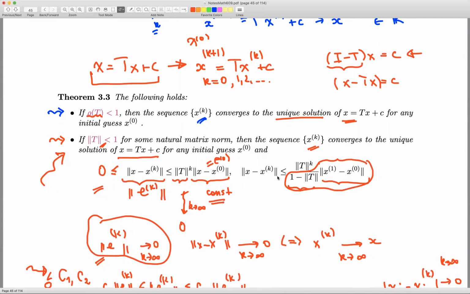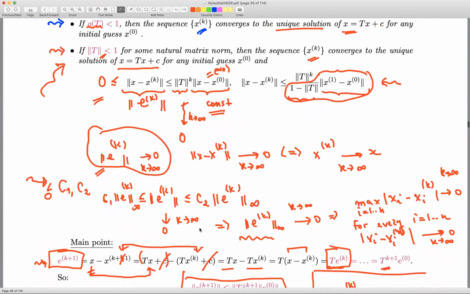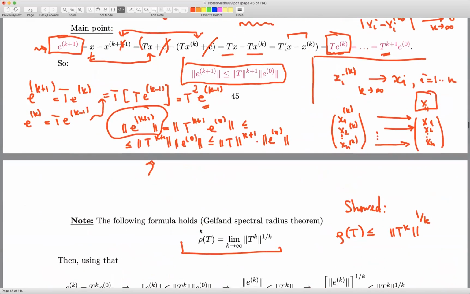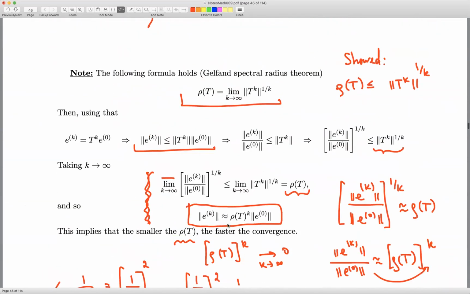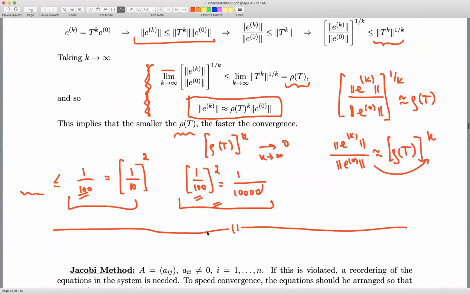And then we have the following error estimates, which are a little bit rougher, and we will see that in our examples. Also, the smaller the spectral radius of the iteration matrix T, the faster we will have the convergence to the exact solution.